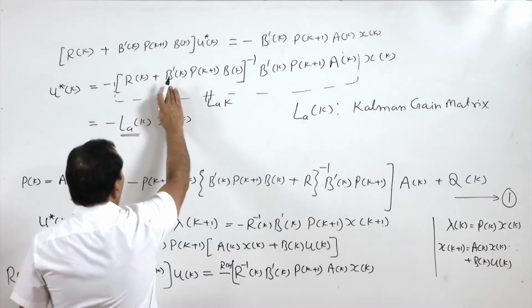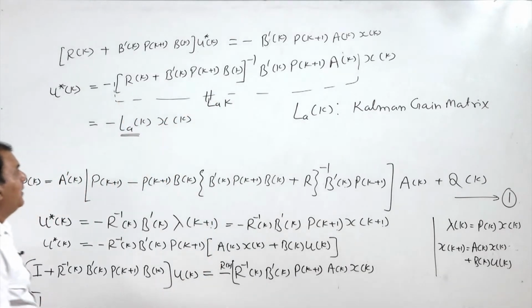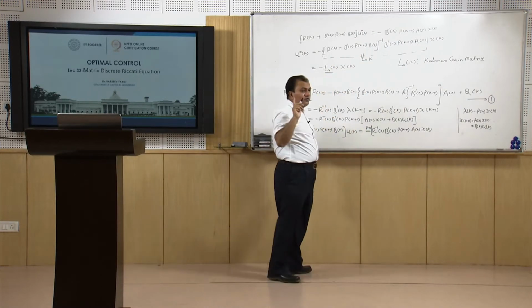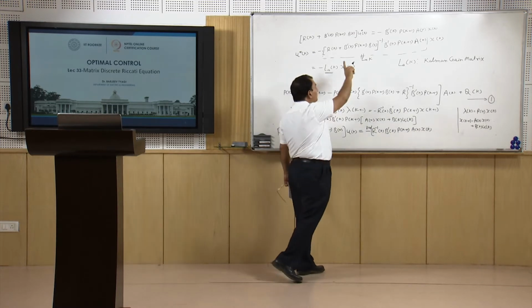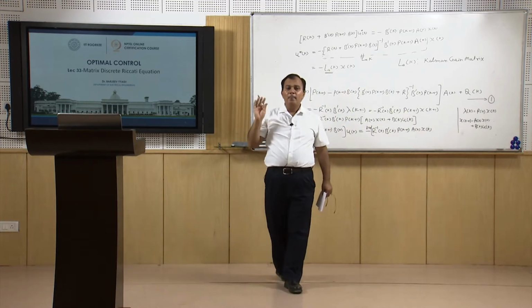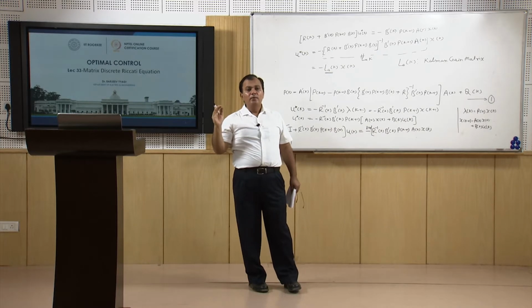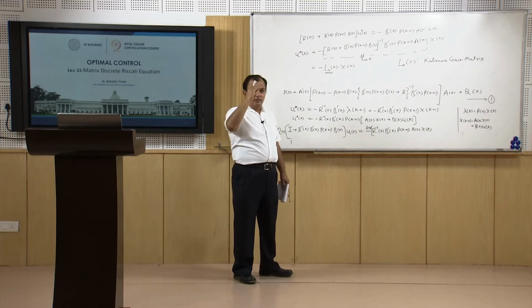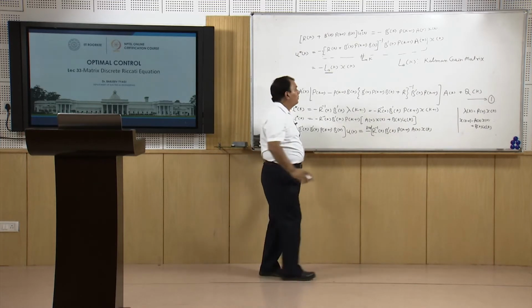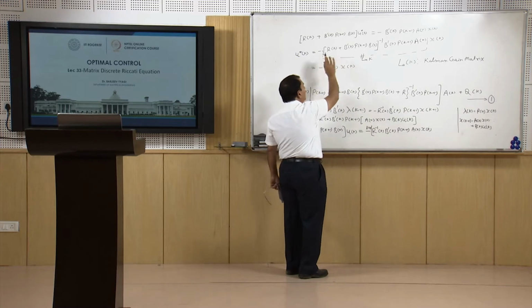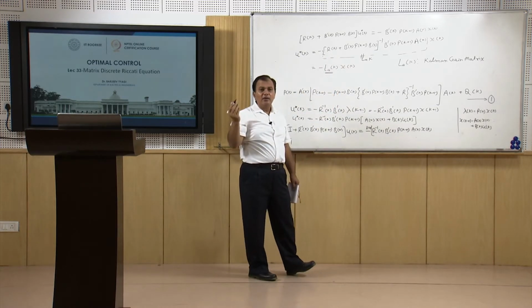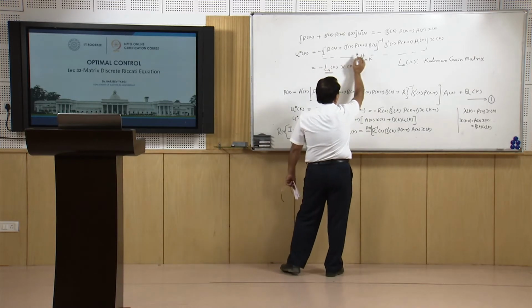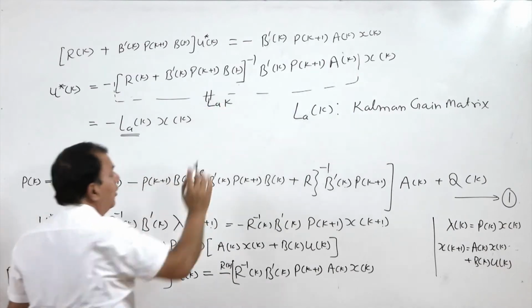This positive definite matrix is added with B prime(k) P(k+1) B(k). B prime(k) B(k) always gives a square term, and P(k+1) is a positive semi-definite, symmetric matrix. So P is a symmetric positive definite matrix, and R is a positive definite matrix, maybe symmetric. This means the inverse of this term will always exist.